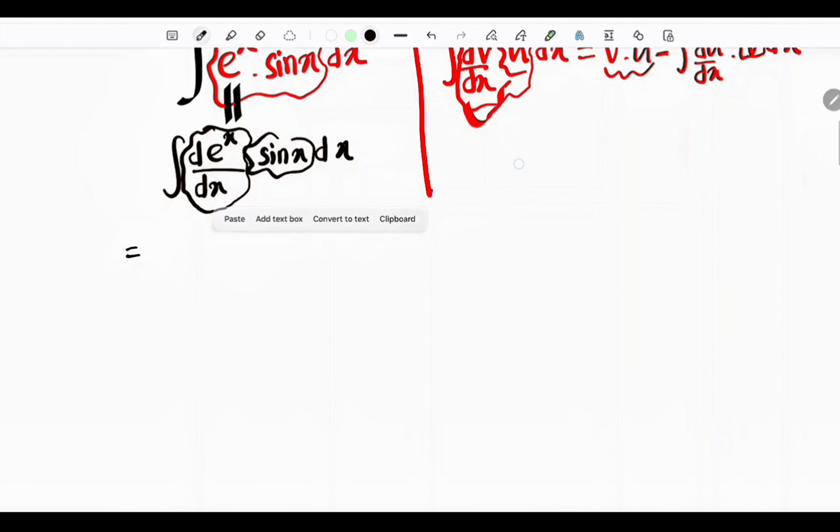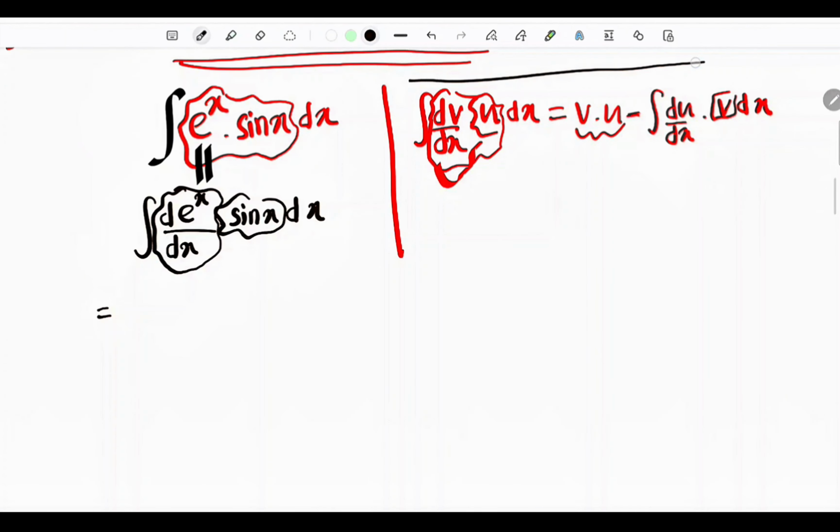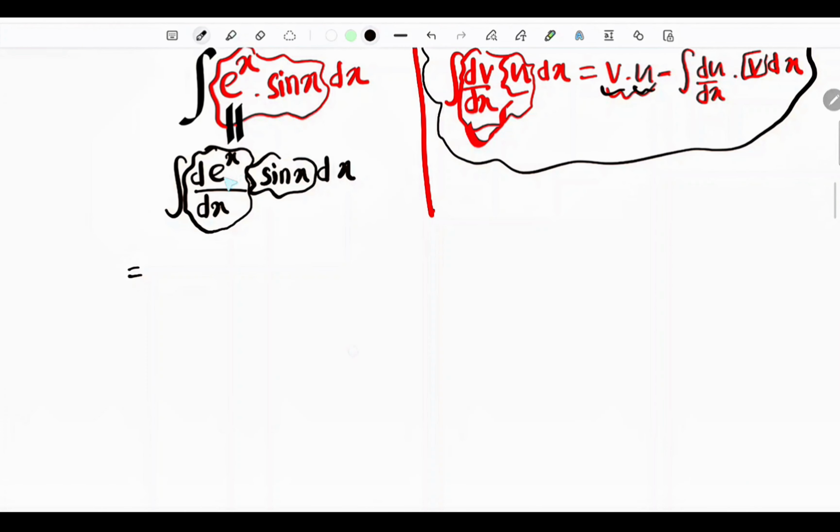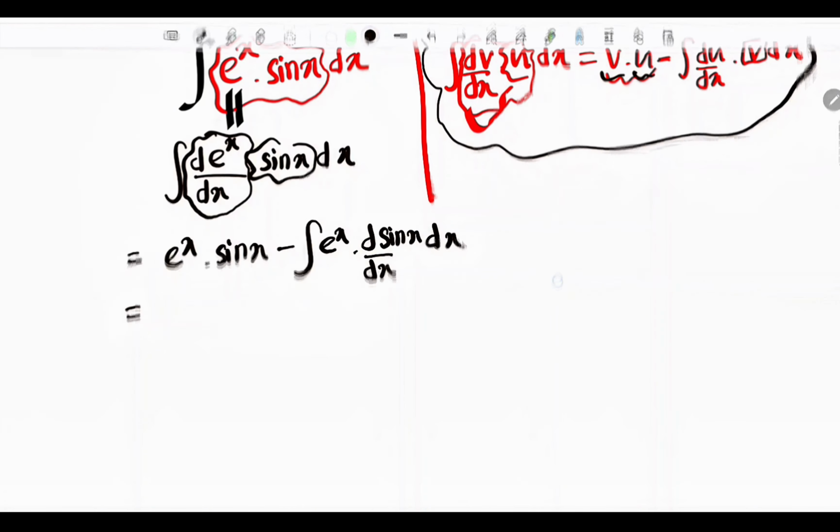So now we can follow the theory of integration by parts, and write the multiplication of each function, the one in the differentiation and the one out of differentiation, e^x times sin x, minus, and we keep e^x, and now we differentiate the function sin x, right?